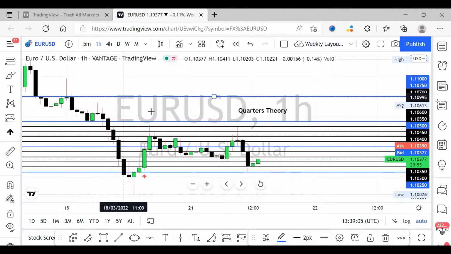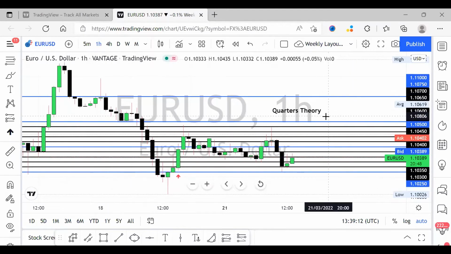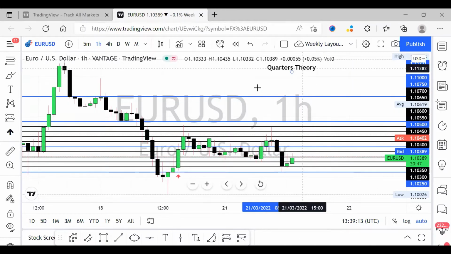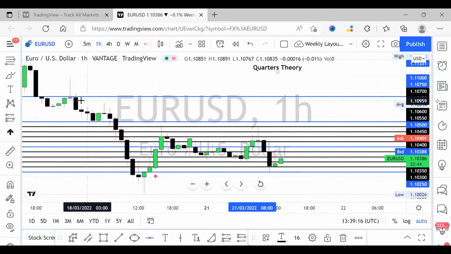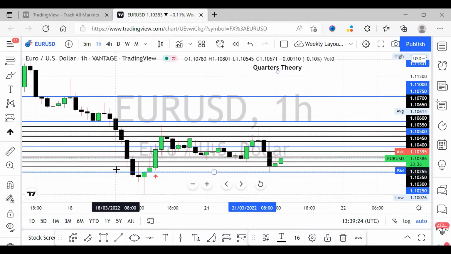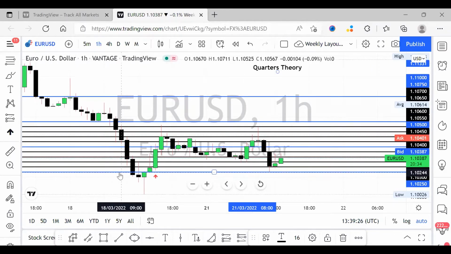Okay, so if we can hold a trade for 1,000 pips, this will be easily done if we understand quarters theory. Look at how price reacts to these lovely little numbers, whole numbers. How price started here at the 1,000, it dropped all the way to the 250 at the very bottom.